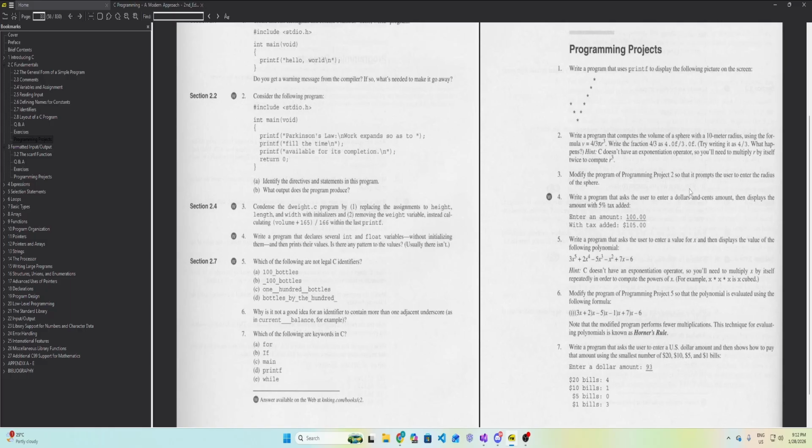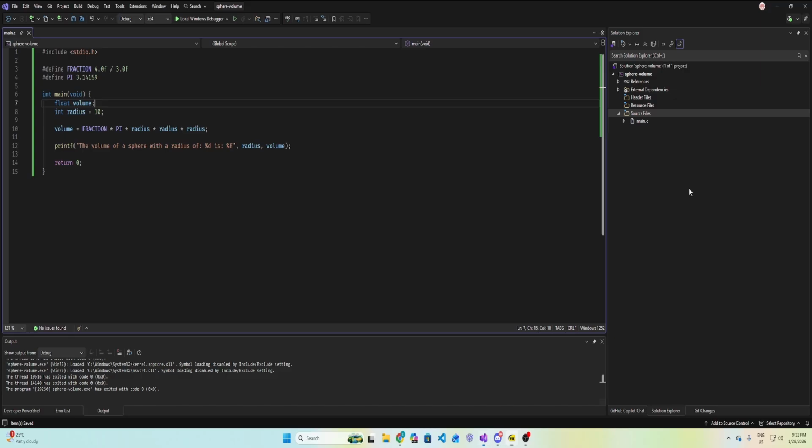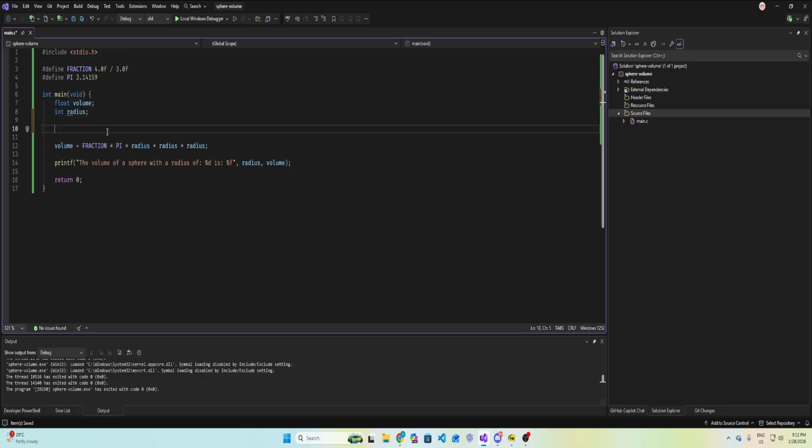Modify the program, project 2, so it prompts the user to enter a radius. So instead of having radius as a hard-coded 10, we must get user input. So we do printf first, and we say please enter a radius.